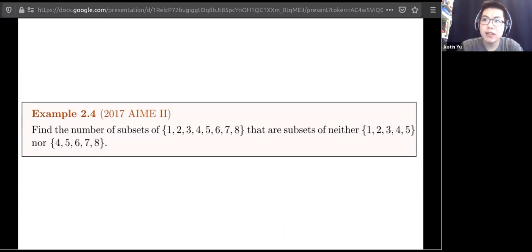The number of subsets of 1 through 8 is actually equal to 2 to the 8th, not 8 squared. But there is another condition.